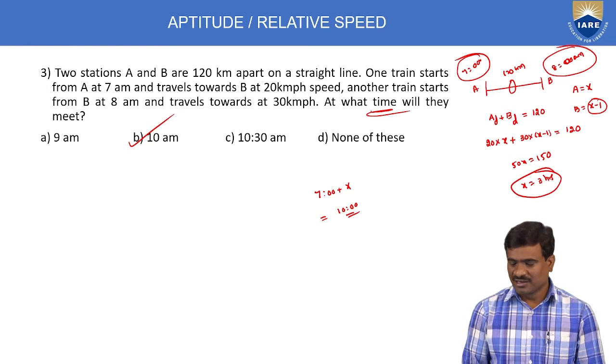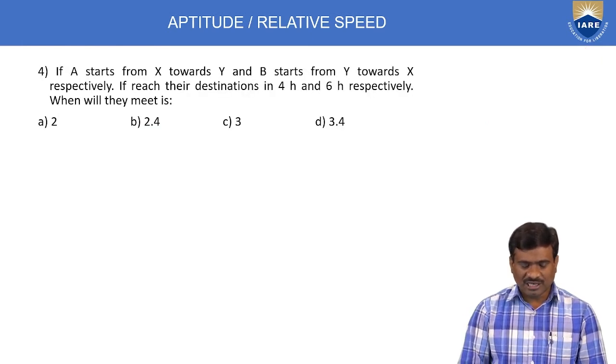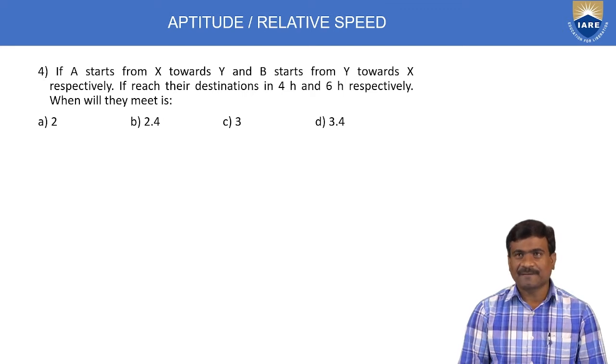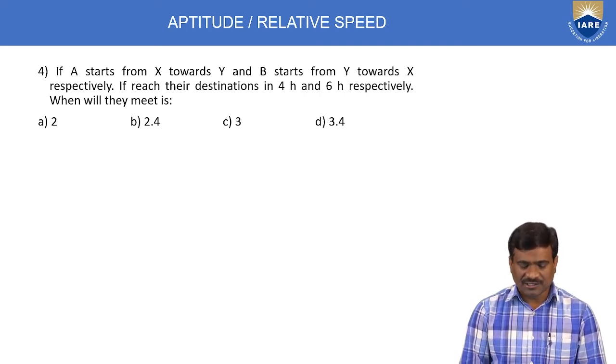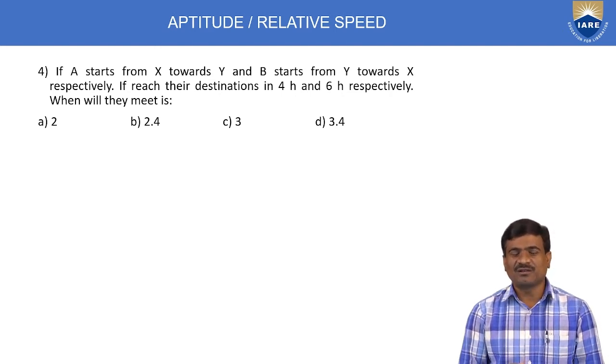Here is the next example, number 4. If A starts from X towards Y and B starts from Y towards X, and they reach their destinations in 4 hours and 6 hours respectively, when will they meet?